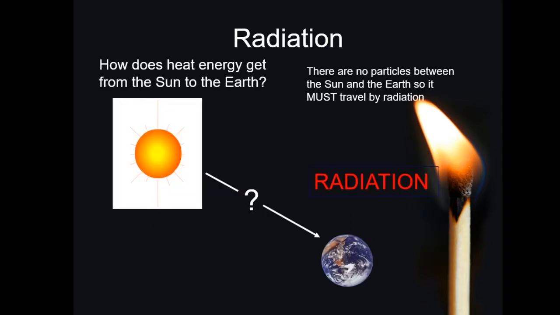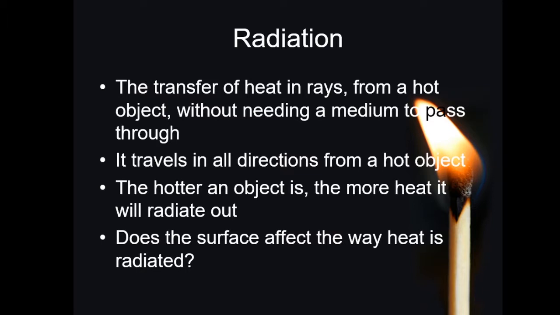So in this example, there are no particles between the sun and the earth, so it must be radiation, right? Because there's almost no other way that heat can be transferred without a medium. Radiation is the only way. Radiation also travels in all directions from a hot object. The hotter an object is, the more heat it will radiate out.